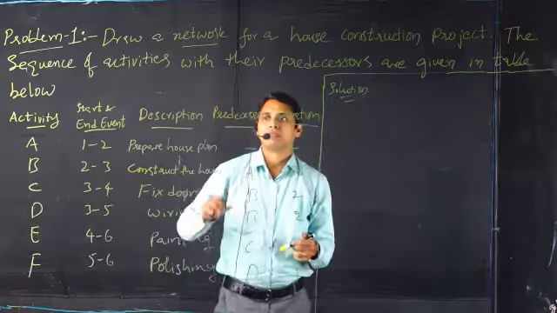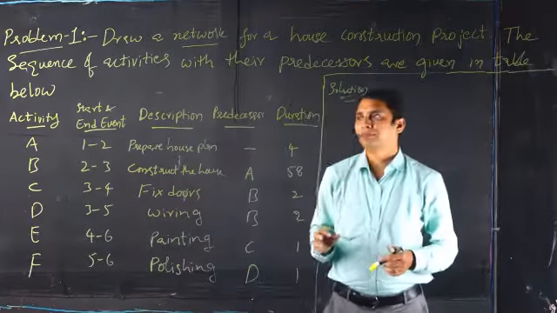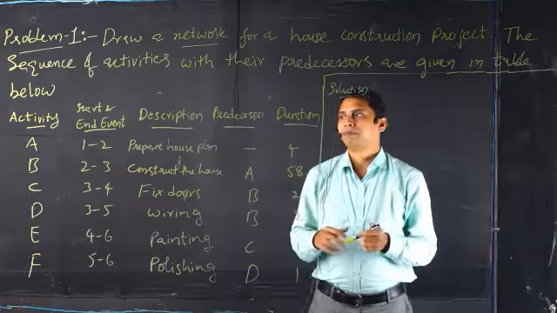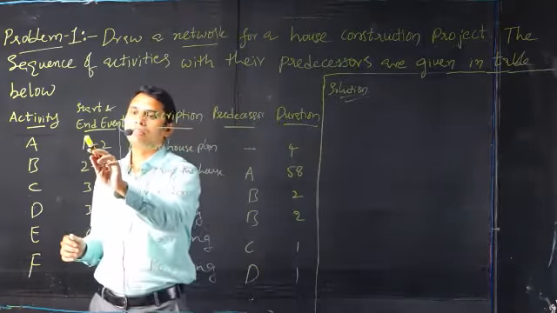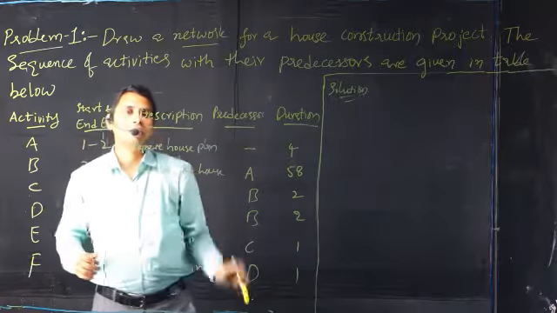For this activity to be completed, two events must happen, that is, starting event 1 and ending event 2. Moving from event 1 to event 2, this activity will be completed.